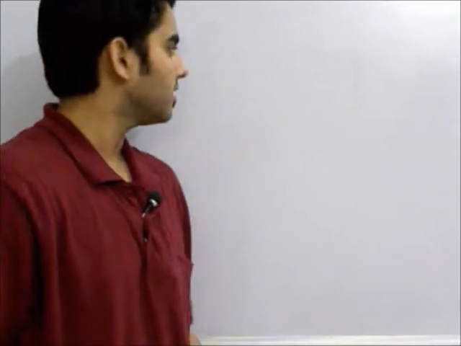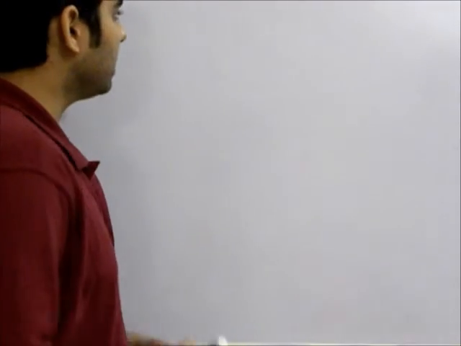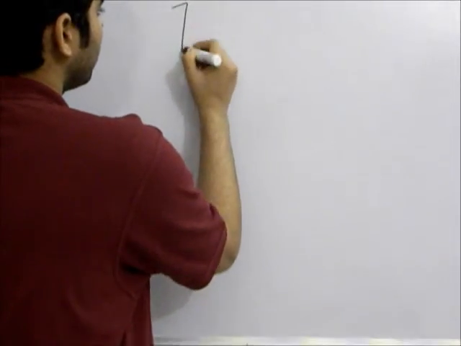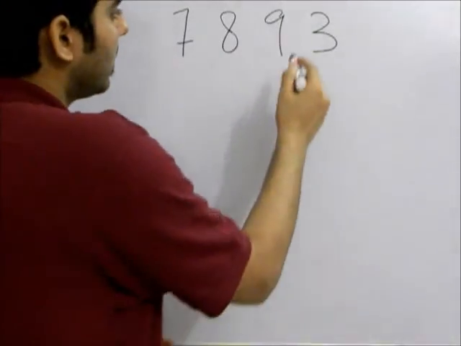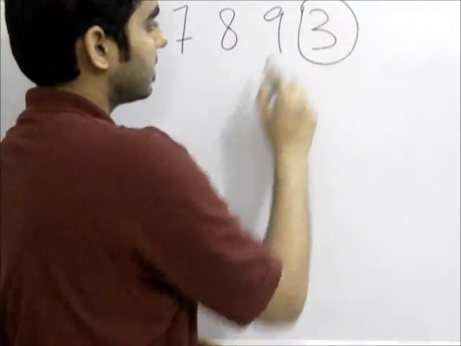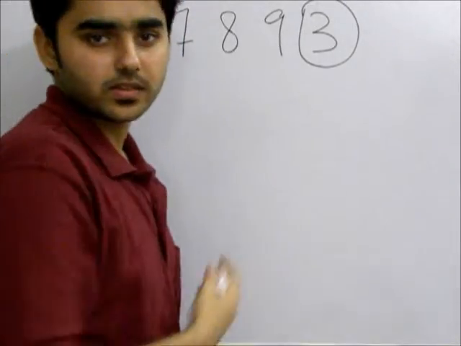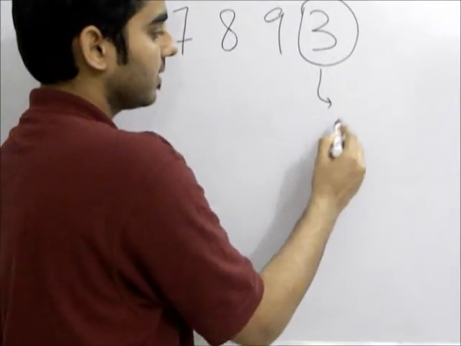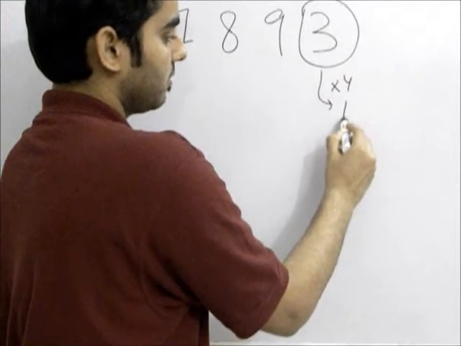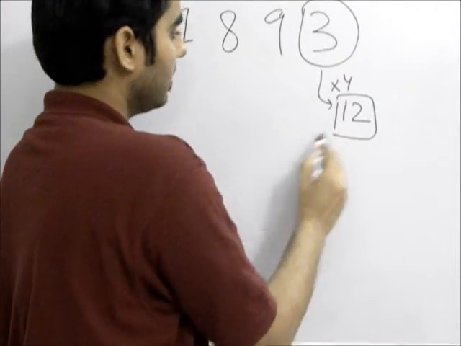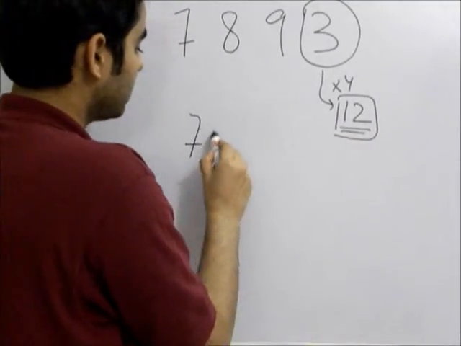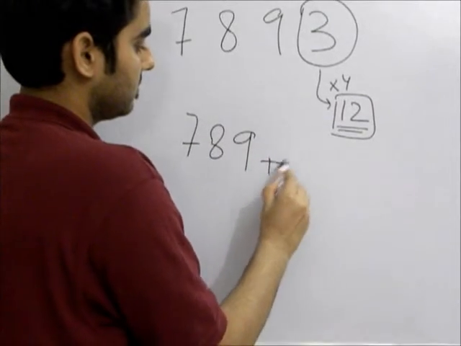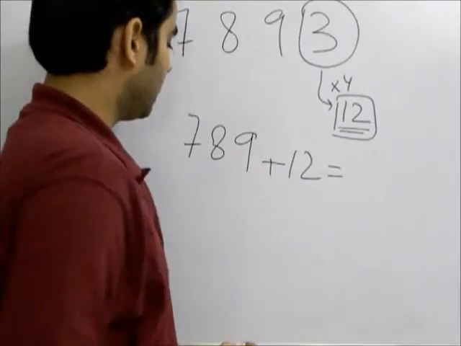After 7, the only number left in this series is 13. In the case of 13, let's have one number, 7893. The last digit of the number, which in this case is 3, we'll multiply by 4, which will be 12, and we'll add 12 to 789.